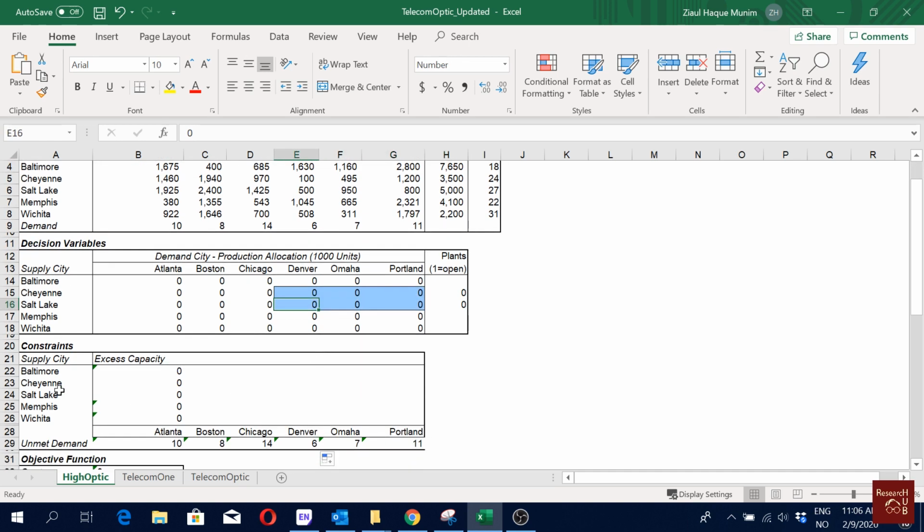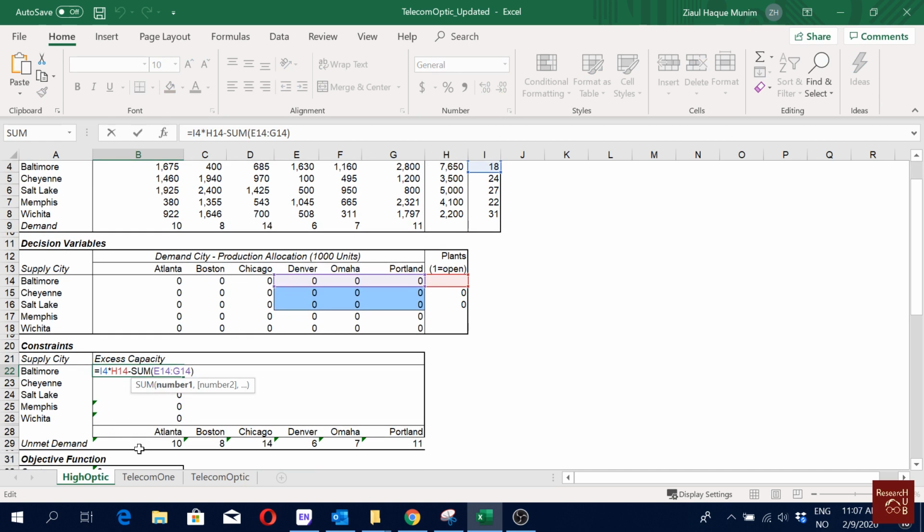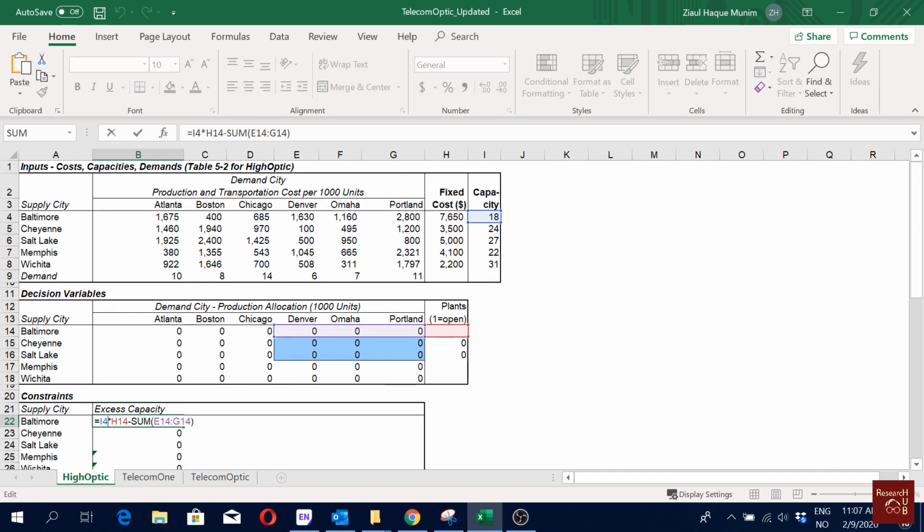Normally for the constraint on the supply side, we do this calculation of excess capacity. So for Baltimore, although in this case we don't need Baltimore, we form the equations so that we will be able to use them later in the other 2 cases. First I have to find my capacity.